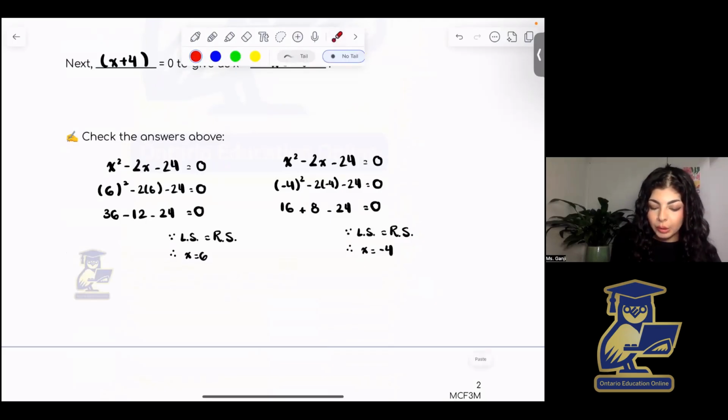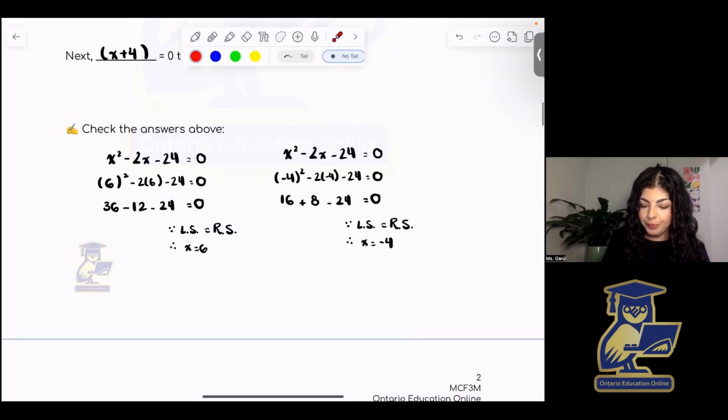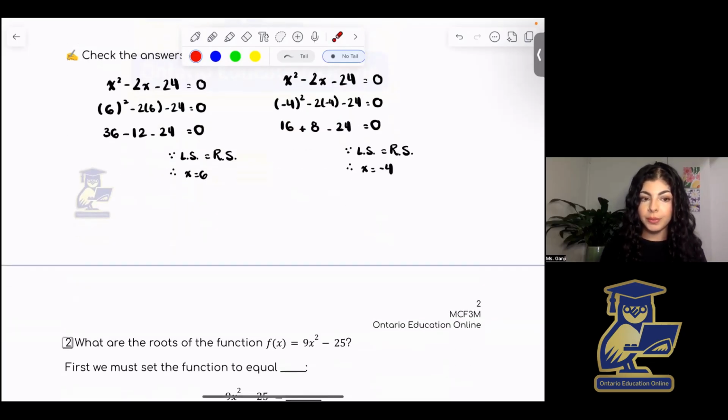Please don't forget to include these last two statements, because that's essentially what we are doing with our check, which is to verify that these two are the solutions to our equation when it equals 0. And here we see that it does. In both cases, we are getting our final answer to be 0. And so these two are roots or solutions to this equation, and they're roots of the original function.